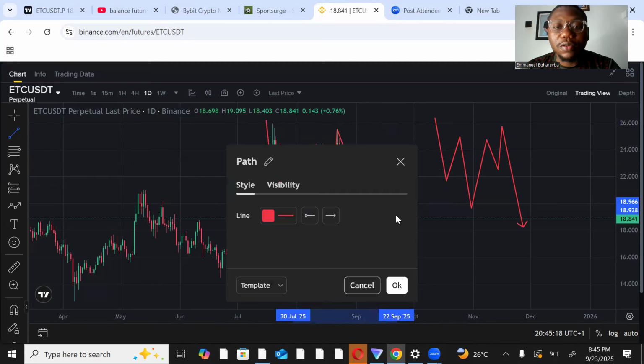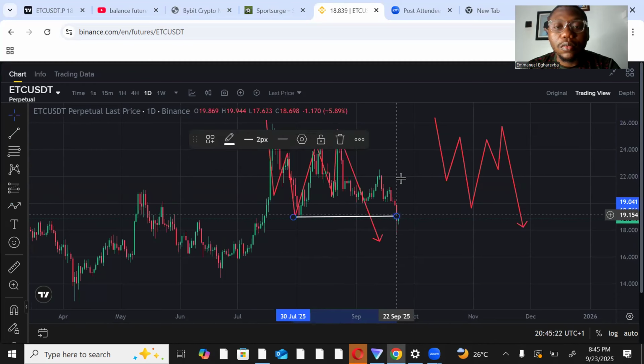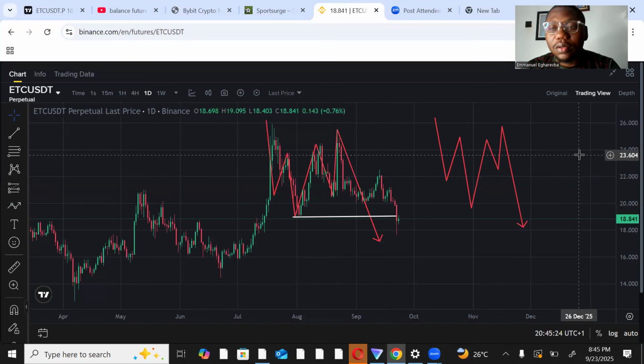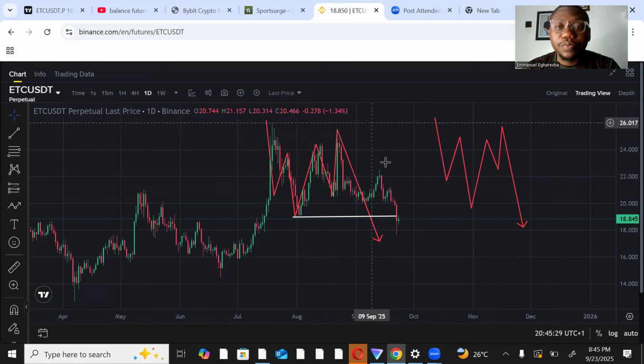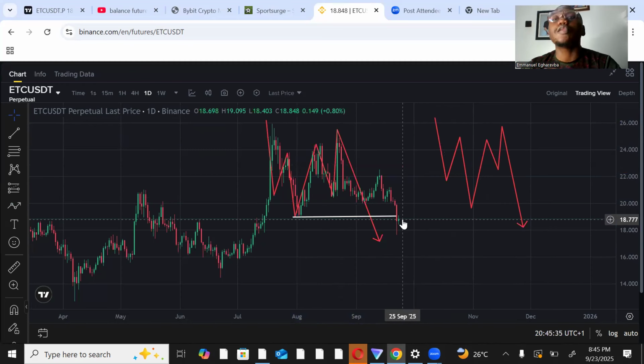We have broken structure, as it is right now. So if you see this pattern happening on the daily, it means that you only look for sales. You have no business buying into this market, this asset, coin, token, or whatever it is.